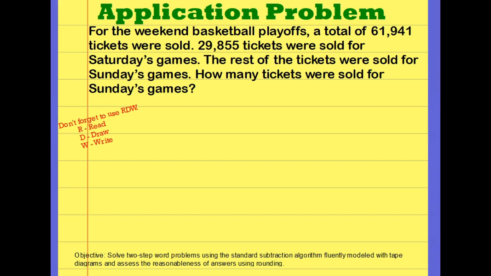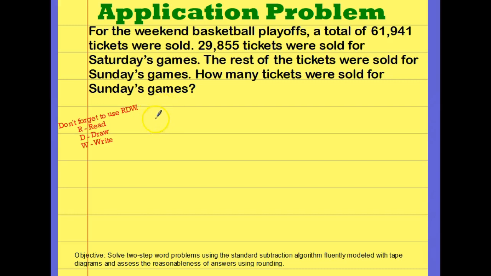Alright, let's take a look at the application problem. For the weekend basketball playoffs, a total of 61,941 tickets were sold. 29,855 tickets were sold for Saturday's games. The rest of the tickets were sold for Sunday's games. How many tickets were sold for Sunday's games? Alright, so we have a tape diagram here.